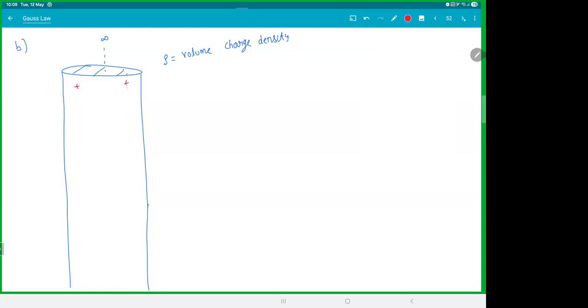Meaning there's a charge everywhere. There, give it a try. You do get these questions, and especially they can ask you to plot the graph. Which of the following is the graph?